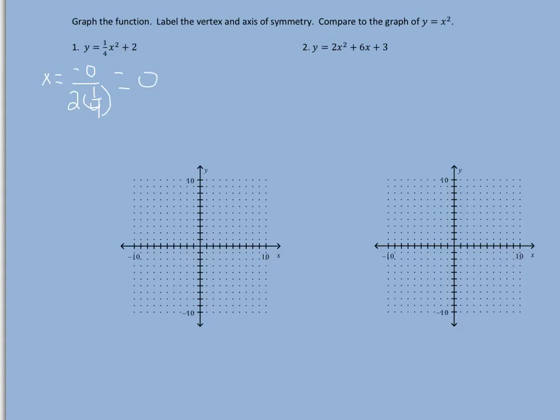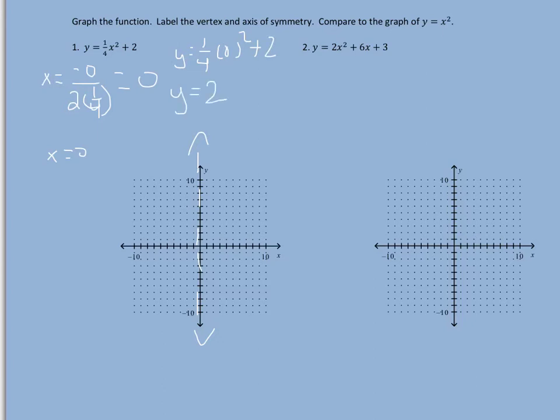So axis of symmetry, x equals 0. It says the vertex, so I also know that's the x coordinate of the vertex, so plug it in to get the y coordinate. y equals 1/4 times 0 squared plus 2, so you get y equals 2.